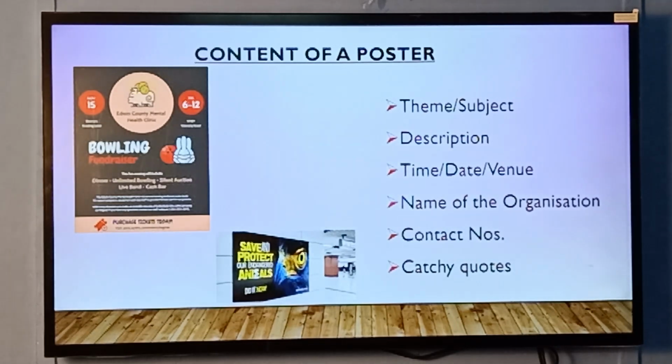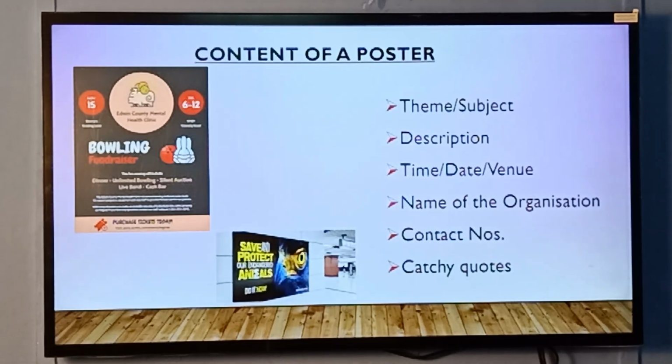Now coming to the content of a poster, the theme and the subject is the most important thing for a poster. It can be written in bold. Next comes the description, which should be written in short sentences to attract the audience. Time, date and venue are also important in the case of events.